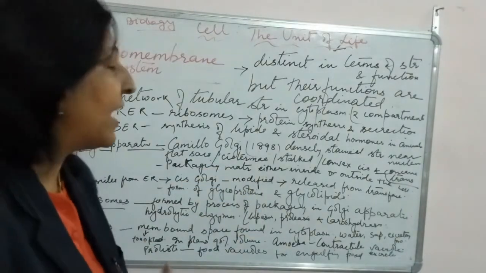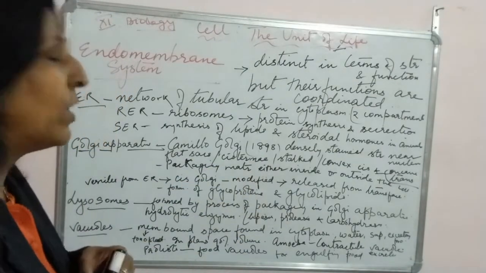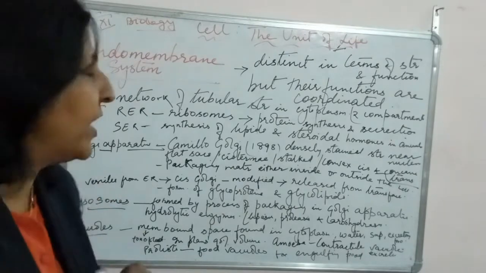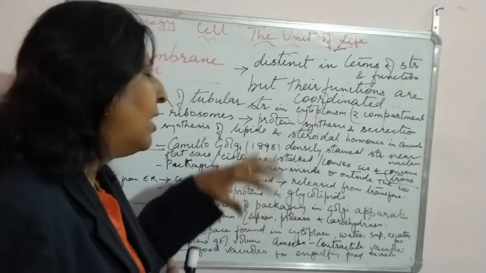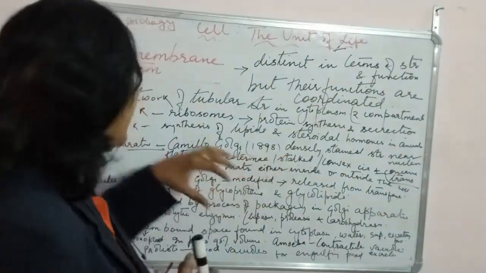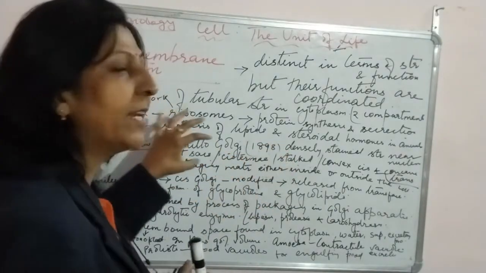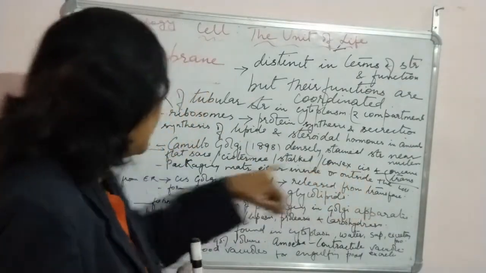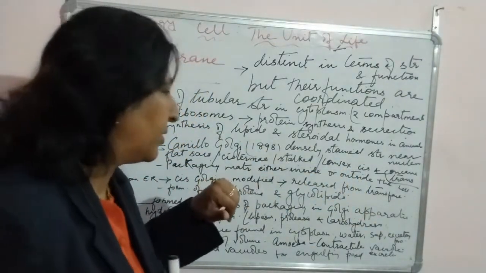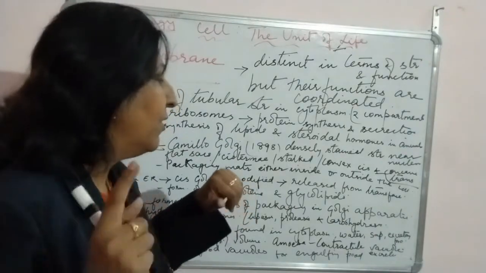The convex side is known as the cis face, and it is very important because the proteins synthesized by the endoplasmic reticulum come and connect to the cis face of the Golgi apparatus.